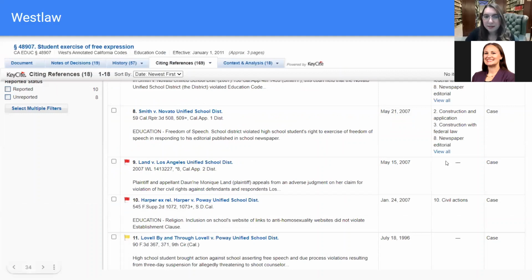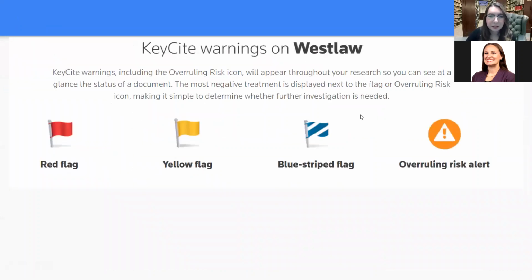Next we're going to look at Westlaw. For Westlaw, we see that they use a little flag system. There's a red flag here and a yellow flag here. The red flag is similar to the red stop sign for Lexis. It means that there's negative treatment.